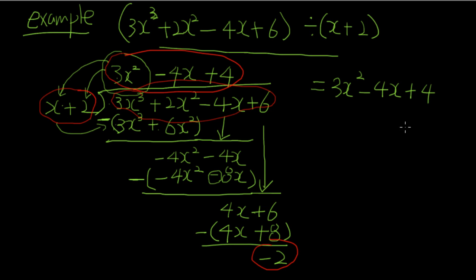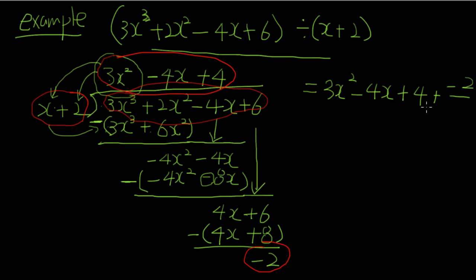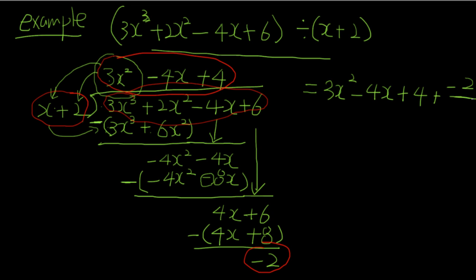I can put it right here, I guess. Plus negative 2. It's kind of hard to see. Yet to be divided by. Let me just move it a little bit this way. To be divided by x plus 2. Just like that.